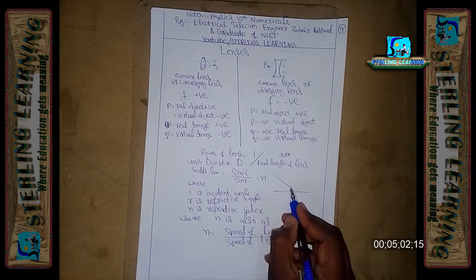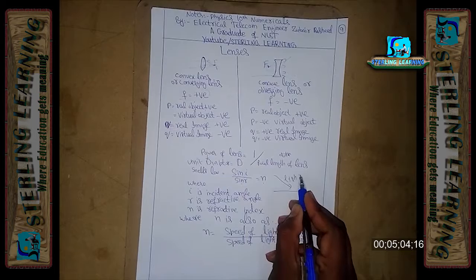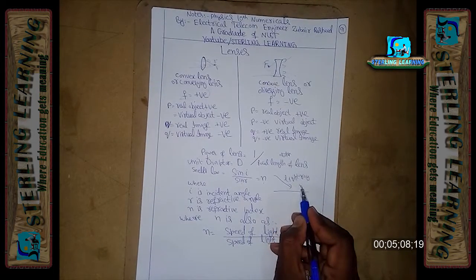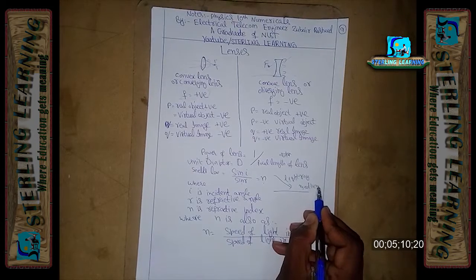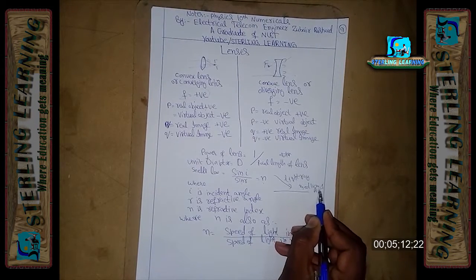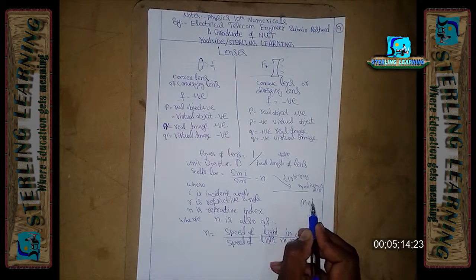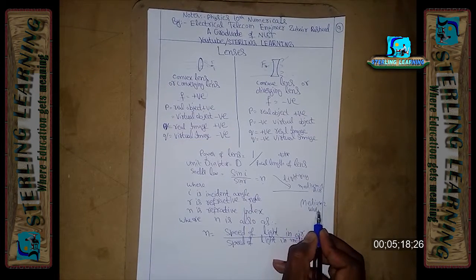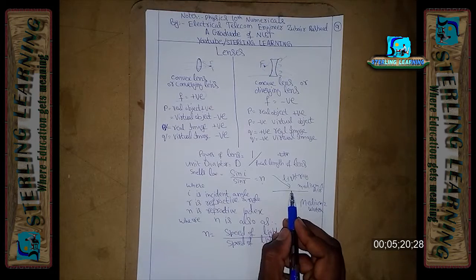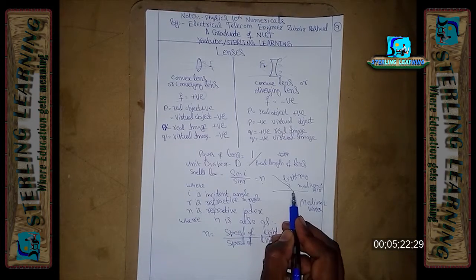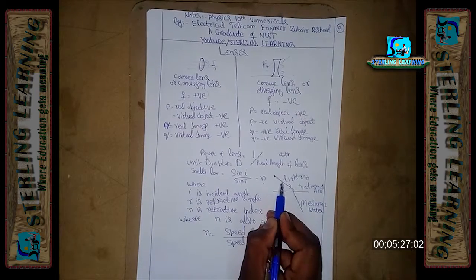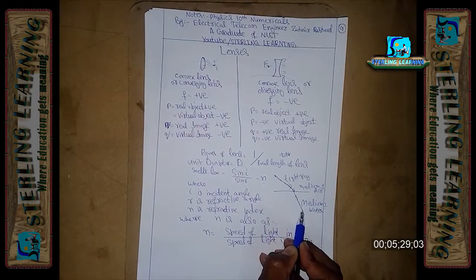Light ray, medium 1, maybe air, medium 2, maybe water. So light strikes and bends. It is coming this way and then it goes this way.